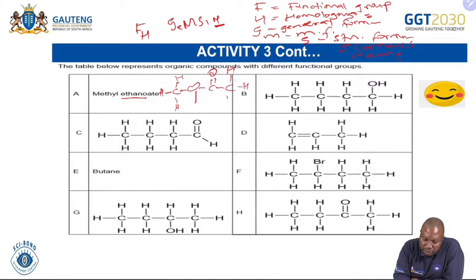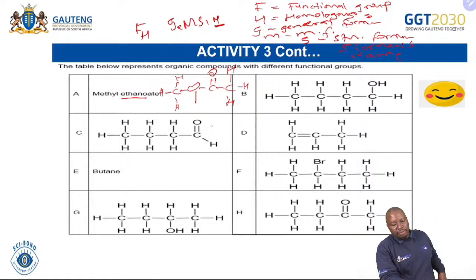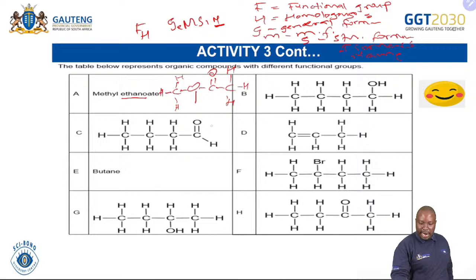Ensure, learners, that all the time you have 4 bonds around all these carbons. So you were able to draw the structural formula of methyl ethanoate.